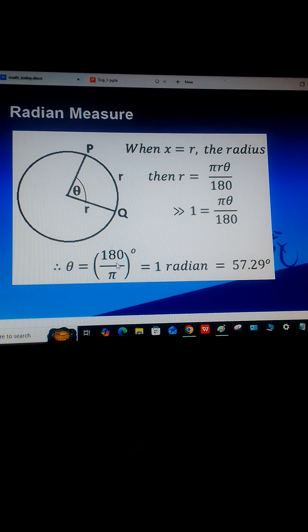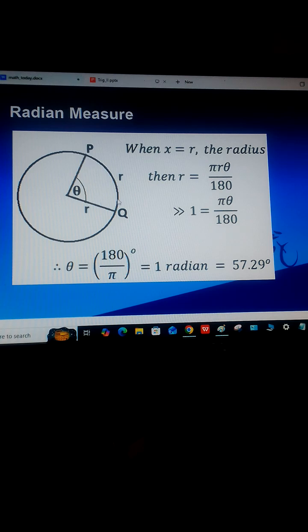If you simplify this using a calculator, for instance, you will get theta is equal to 57.29 degrees. So this is 1 radian. So this angle, 57 degrees, is the angle subtended by an arc whose length is equal to the radius of that circle.